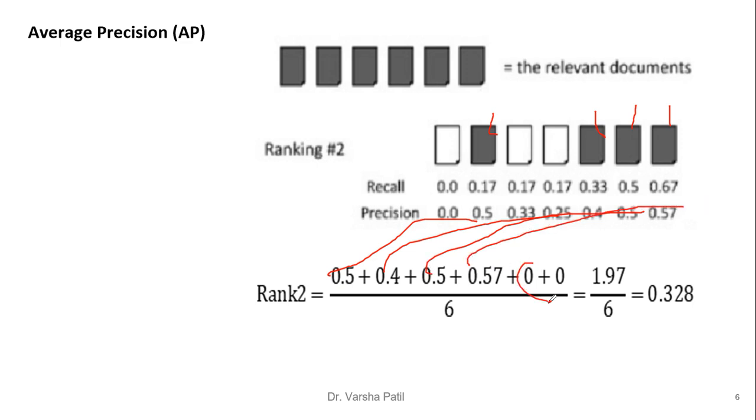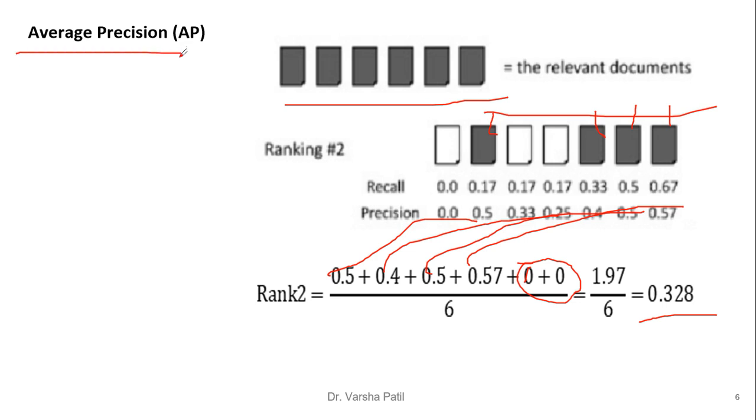These 2 extra zeros are there because a total of 6 relevant documents are there and only 4 get retrieved, so 2 relevant are not retrieved, so we keep 0, 0 there. We are again taking the average, and the average is 0.328. In this way we calculate the average precision. But when we calculate pure average precision, whatever relevant documents are not retrieved, we take their weightage as 0.